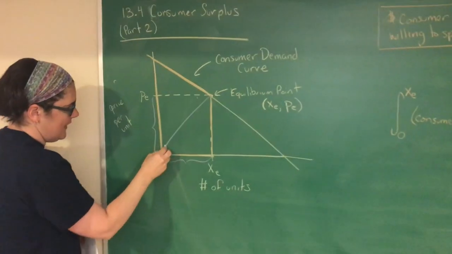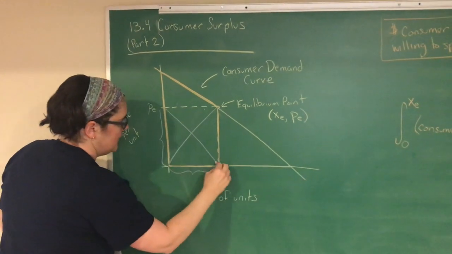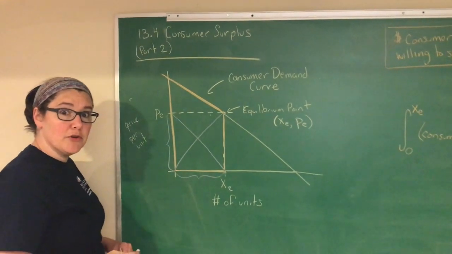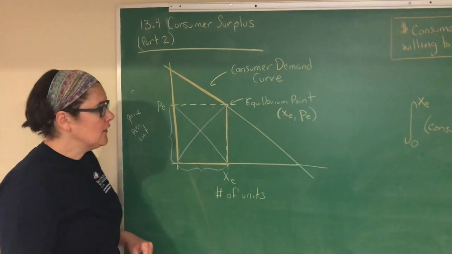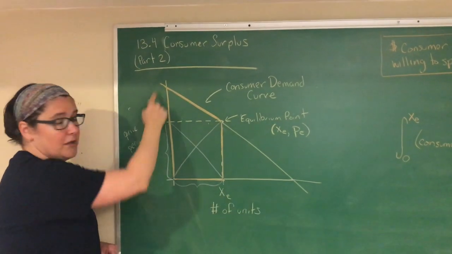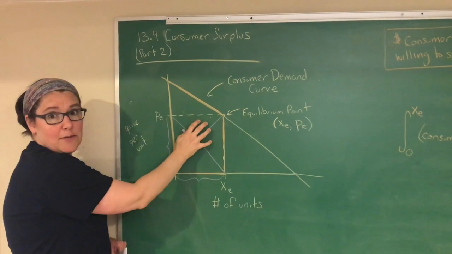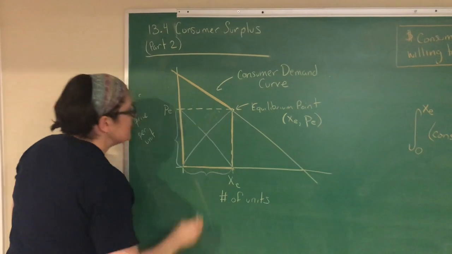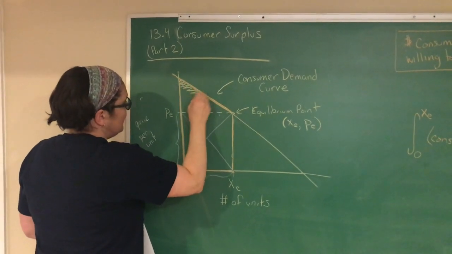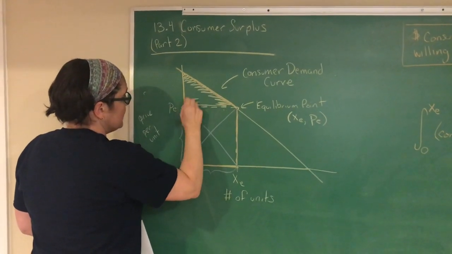So if the whole thing is how much they're willing to spend, and the rectangle is how much they actually spend, then the remaining portion, the portion that's left over, is this triangular region up here.